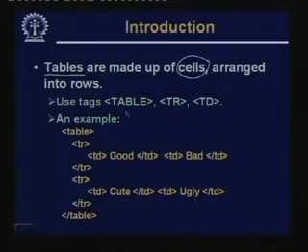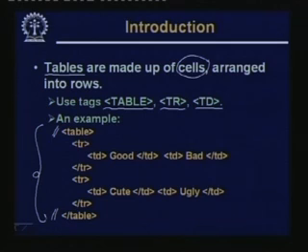Okay. So tables can be constructed using the HTML tags table, tr and td. Of course, there is another tag called th, we will see it later, but these are the three basic tags, and a small example is given here. Firstly, the begin table and the end table tags bracket the definition of the table.